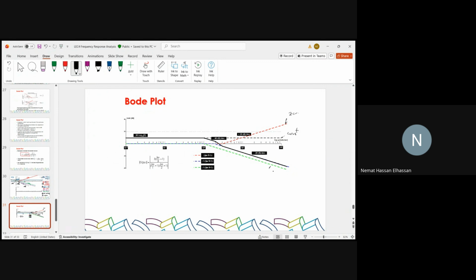The green and blue line here represents the poles. And the black line, you'll notice it starts steady. It drops here by negative 20, and then here by negative 40, and then back here to negative 20 decibels per decade. And the black line represents the overall frequency response of the system.